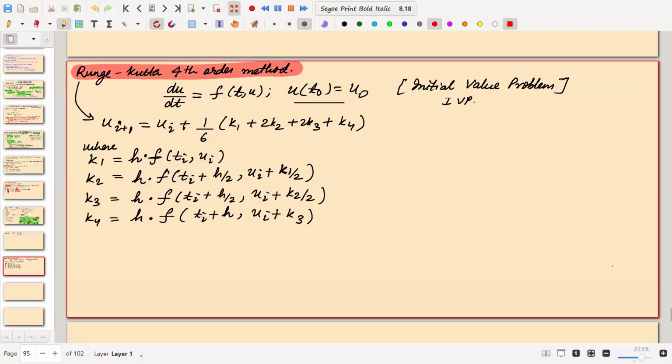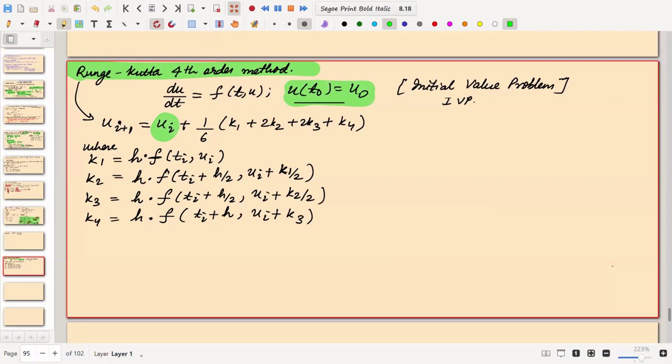So what it tells us is that if you have this ODE, du by dt equal to f of t comma u, and the initial value problem is given to you as u at t equal to t naught is equal to u naught, then Runge-Kutta method tells you the following: ui plus 1 depends on the past ui plus something nice here.